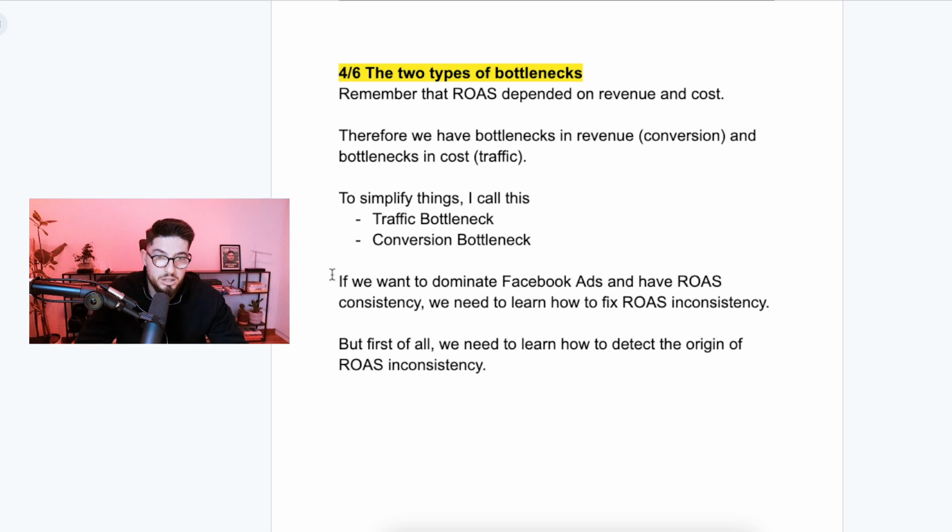If we want to dominate Facebook ads and have ROAS consistency, we need to learn how to fix ROAS inconsistency. The most important thing as a media buyer, as an advertiser, as a CEO of an e-com brand where you want to scale to $1 million a month and 50% of the revenue is going to come through Facebook ads, what do you have to learn? All of the things you have to learn, but fixing ROAS inconsistency.